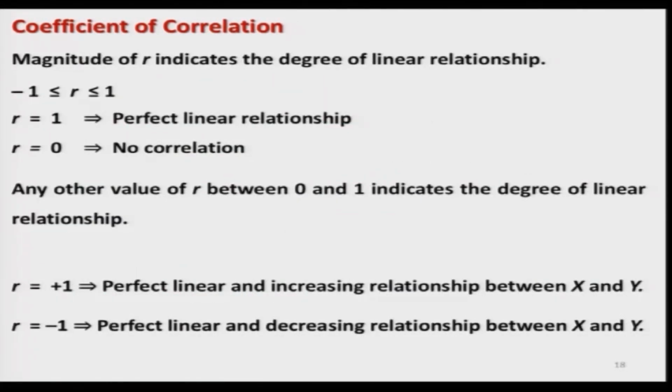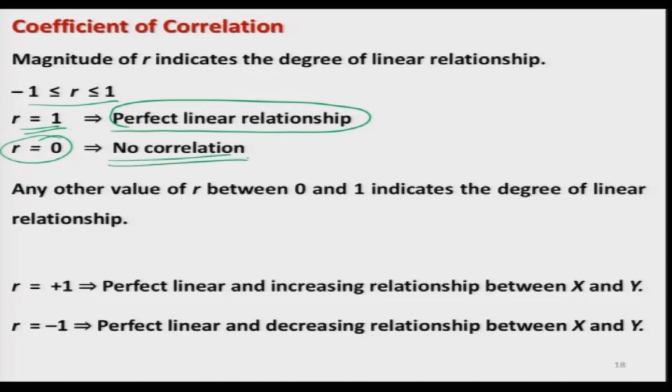Right. And now, what is the interpretation of the exact value? The values of r lie between -1 and +1. If r is exactly equal to 1, we call this a perfect linear relationship, and if r is exactly equal to 0, that means there is no correlation.